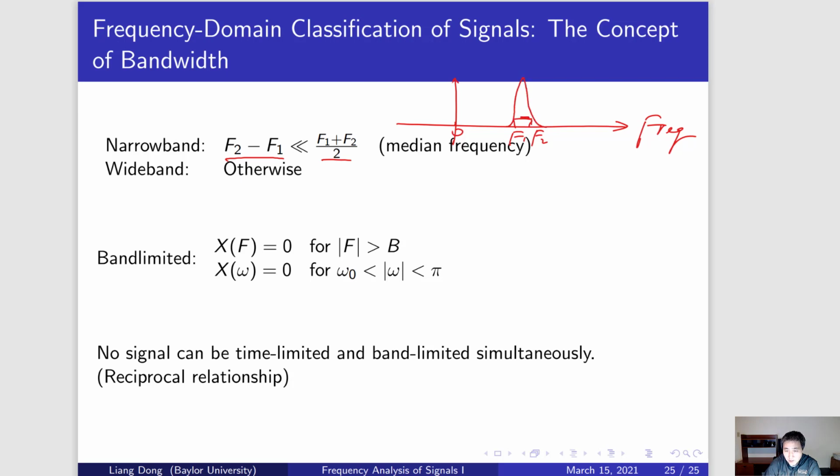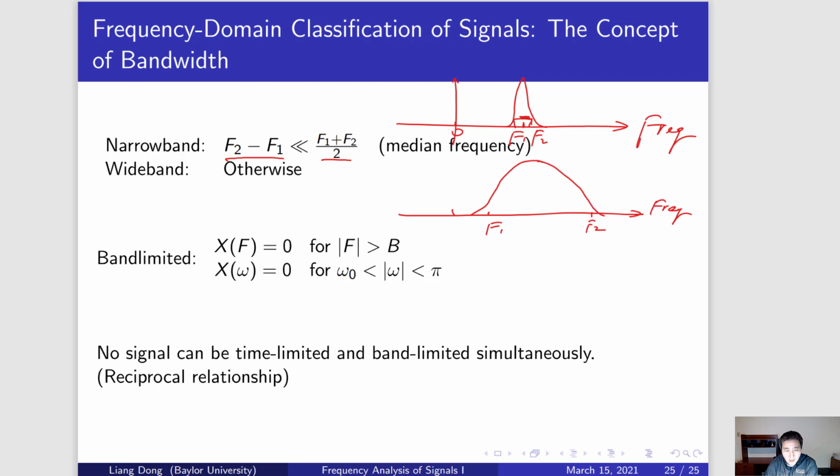This bandwidth is much smaller compared with the frequencies f1 and f2, or the median of these two, and then we call this a narrowband signal. Otherwise, if I have a signal bandwidth that is comparable to the f1 and f2 frequencies, then we call this a wideband signal.